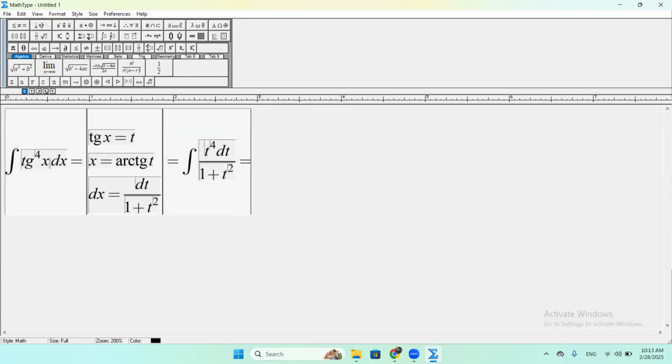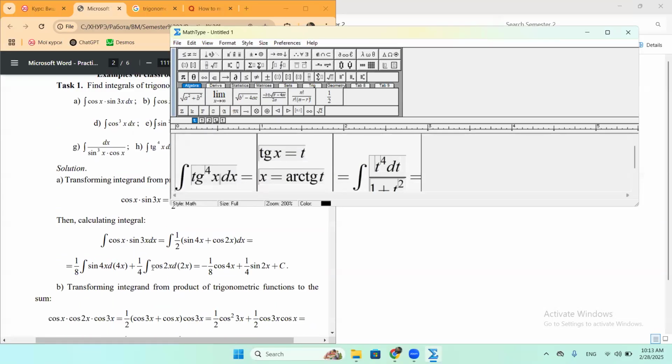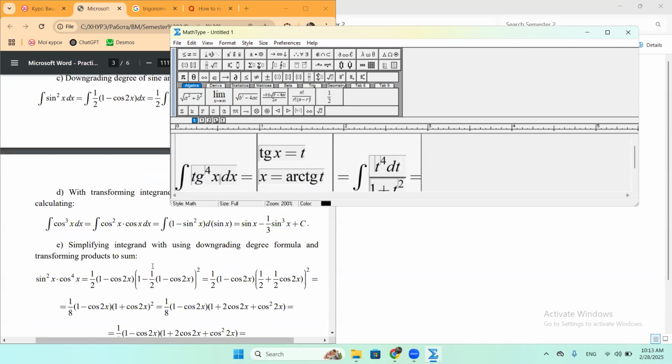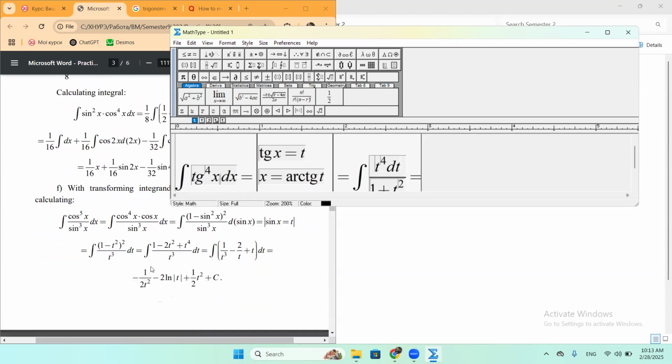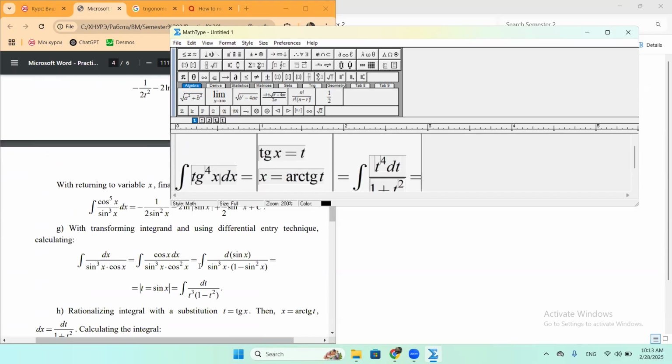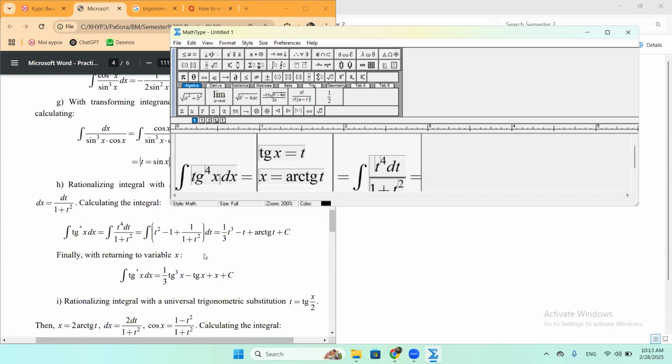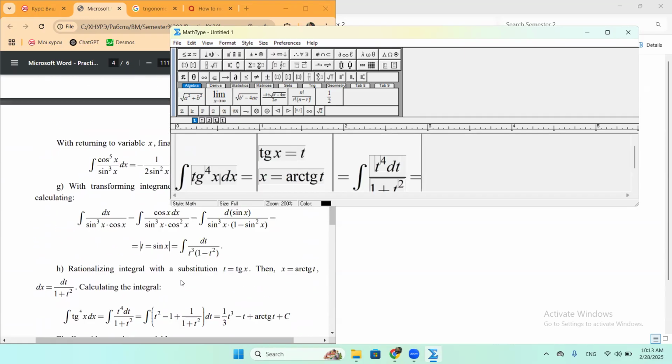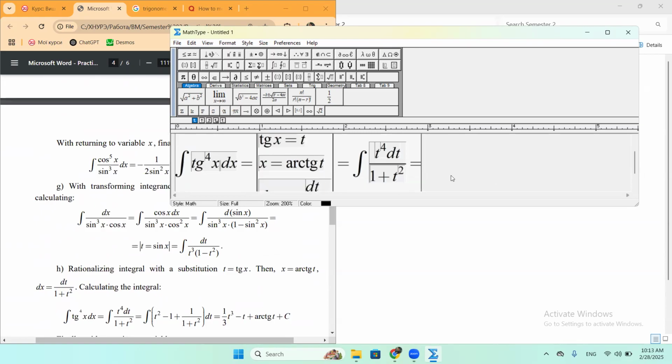So what do we have to do now? This is an improper fraction, so we need to extract the whole part, the integer part, but I will not do it now. Let's look into this recording. So we have such an answer.